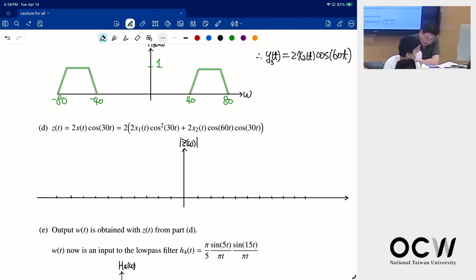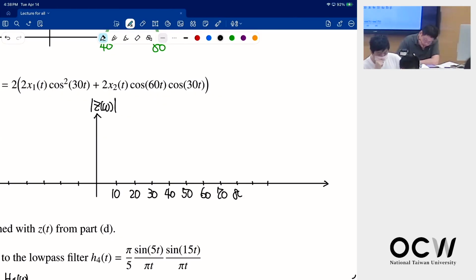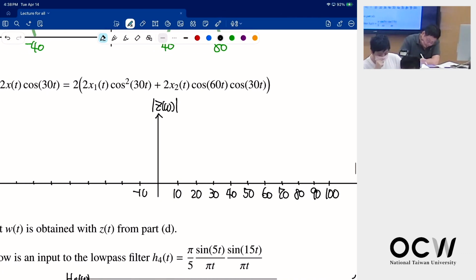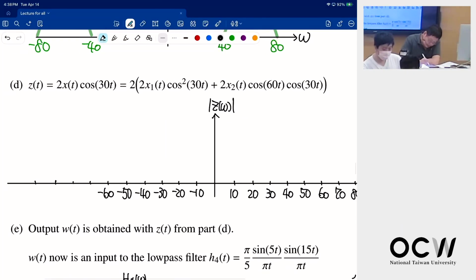symmetric by the y-axis. So in this case, we will get, let's mark the axis: 10, 20, 30, 40, 50, 60, 70, 80, 90, 100. Minus 10, minus 20, minus 30, minus 40, minus 50, minus 60, minus 70, minus 80, minus 90, minus 100.